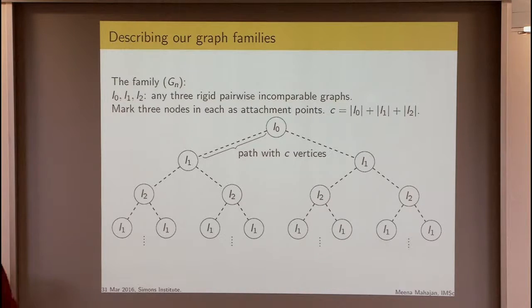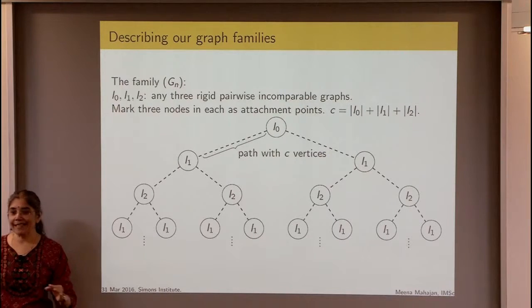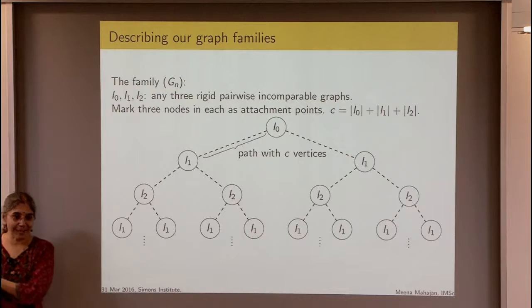So here's the graph family. I'm going to describe now a graph family. I have to describe Gn and Hn, and then we just look at homomorphisms from G to H. So for the nth graph G, I start with a complete binary tree with exactly n leaves. Of course, n may not be a power of 2, so take the smallest next power of 2.